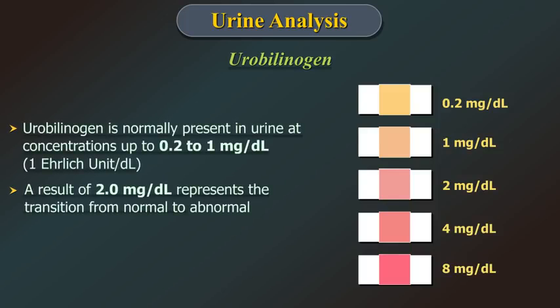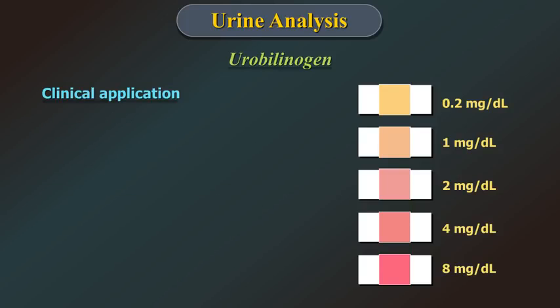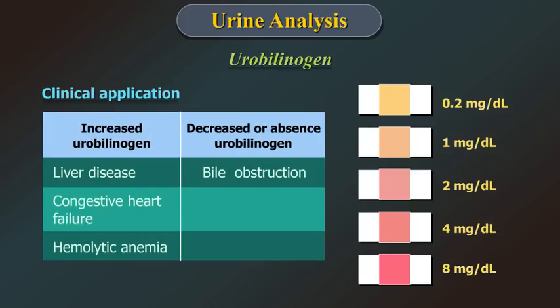Urobilinogen is normally present in urine at a concentration up to 1 mg per deciliter. A result of 2 mg per deciliter represents the transition from normal to abnormal. The clinical application is in detecting increased urobilinogen, which may indicate liver disease, congestive heart failure, or hemolytic anemia.